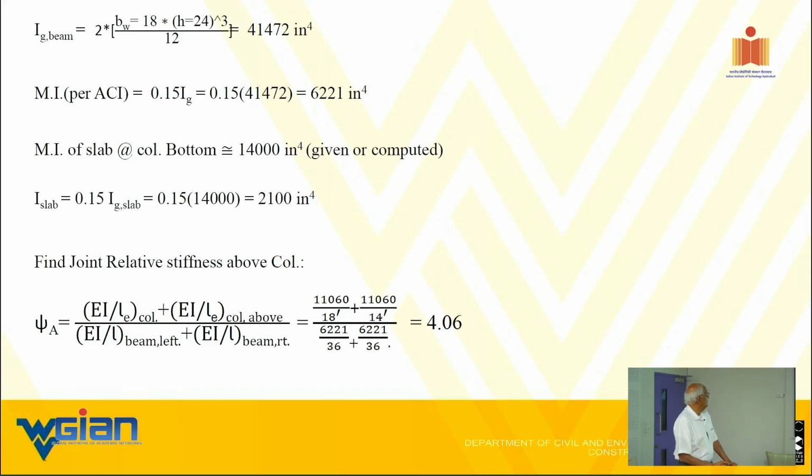So the gross value of the beam is 1/12 b d cubed, right? So keep it so simple. And then you find the reduction. This is again as per ACI. For the cracked section of the beam, 0.15 times that.